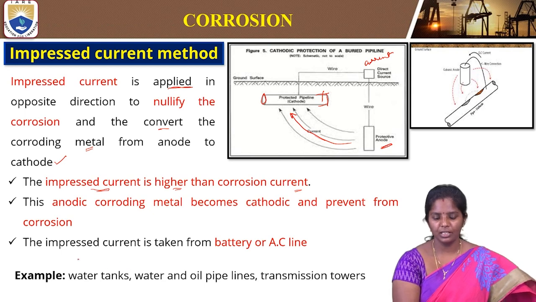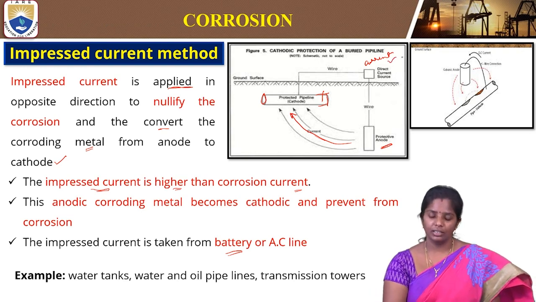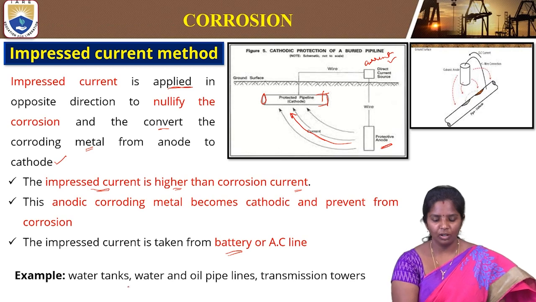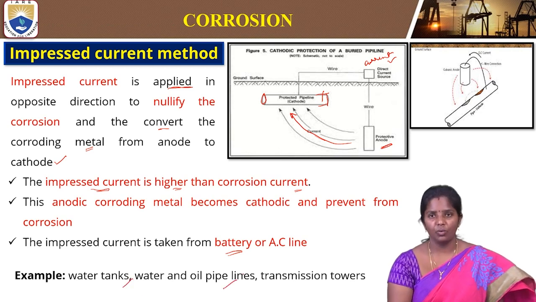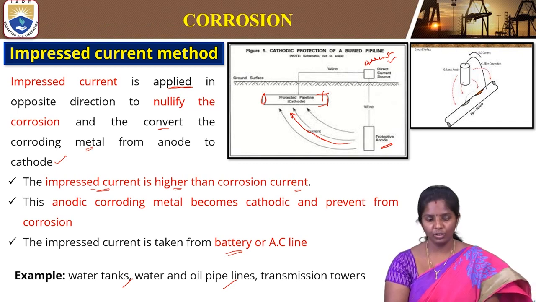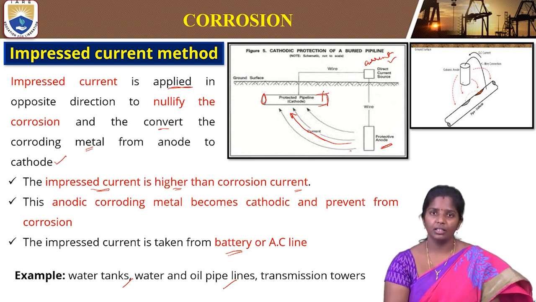The impressed current is taken either from a battery or an AC line, that is, the alternating current line. This can be used for many applications like water tanks, oil pipelines, water pipelines, transmission towers and so on. This is a very good example of how current can be applied in protecting our original application.